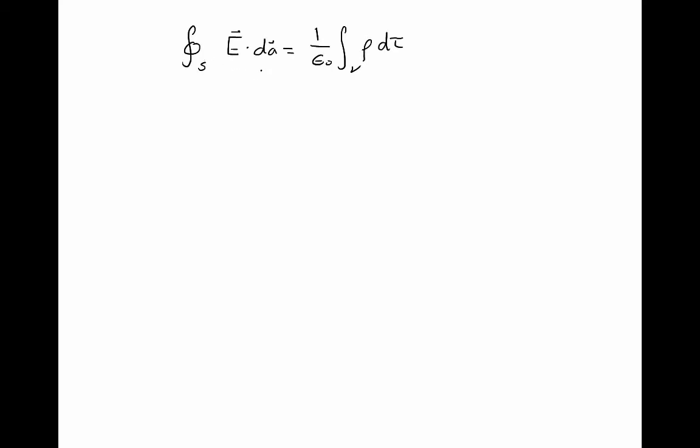So now this says that if we do the surface integral of the electric field over a closed surface, that will equal 1 over this constant, epsilon naught, a fundamental constant, times the total charge enclosed inside of that surface. So say we had a sphere with some charge density in it.